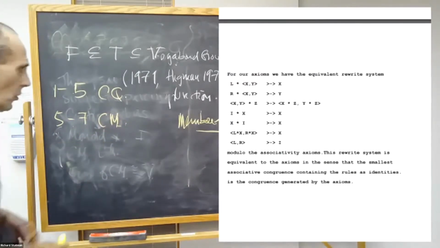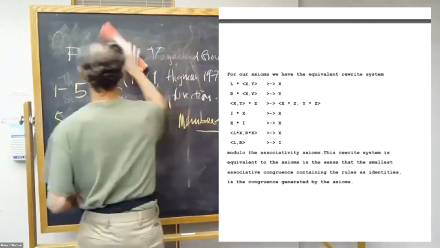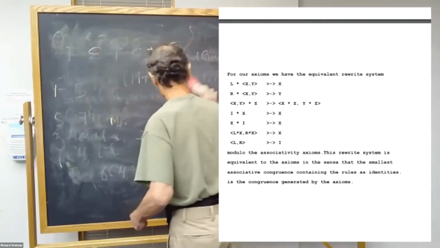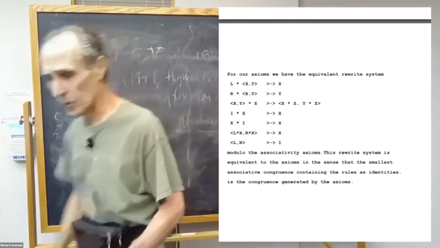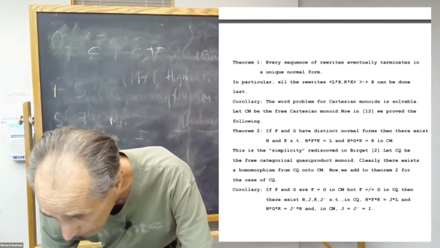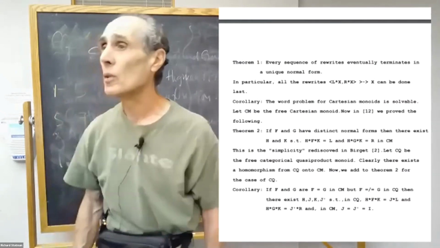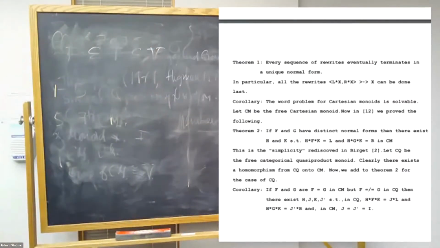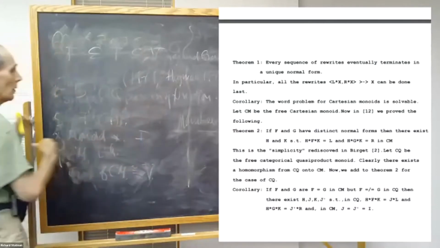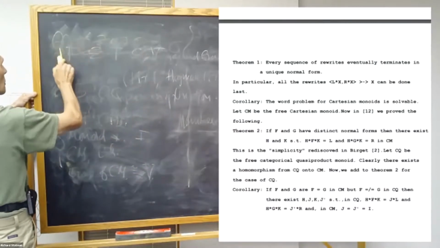And what theorems do we want out of this? The theorems are pretty straightforward from the theory of rewrite rules. Every sequence of rewrites eventually terminates in a unique normal form. Church-Rosser theorem and termination. It's not surprising at all. And indeed, one really useful corollary to this approach is the following, and that is postponement.